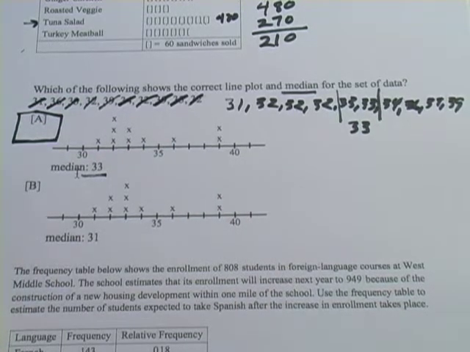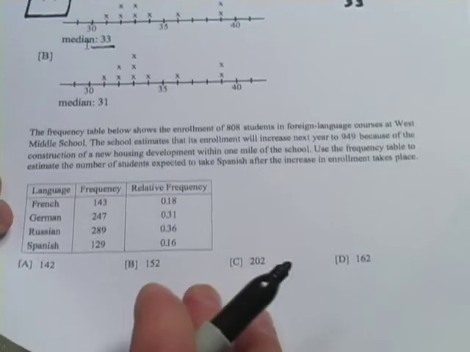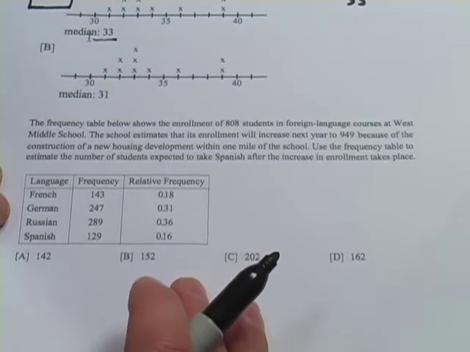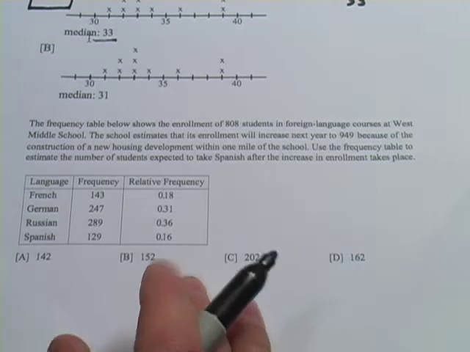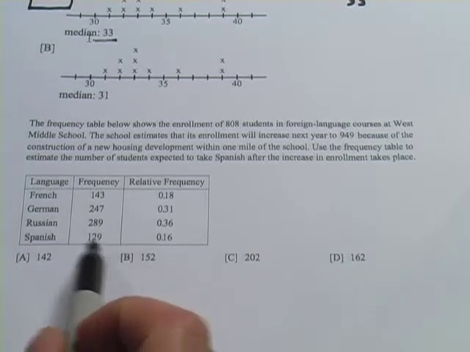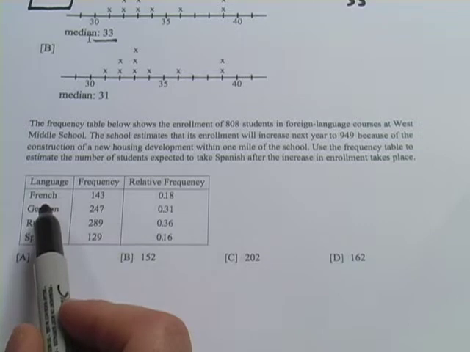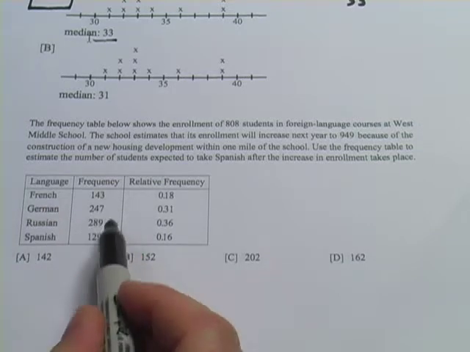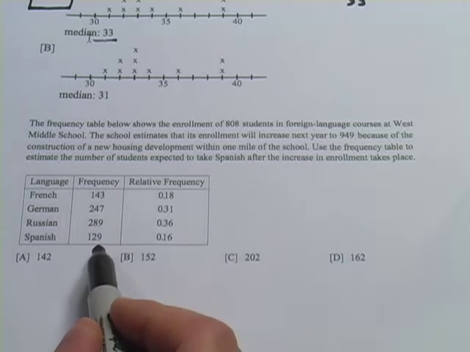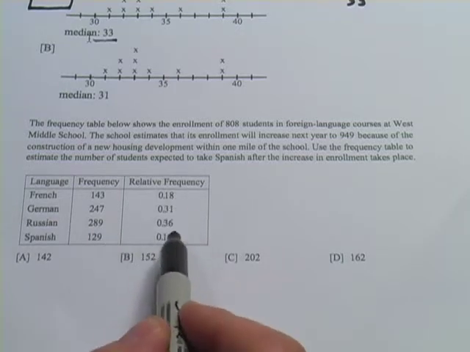All right, we're going to look at one more way of representing data here, and this is some pretty tricky stuff. This is a frequency table, but it's got an added column here. It's got languages that students are enrolling in at a school, and then the frequency, that would be how many students are enrolled in each language, and then the relative frequency.